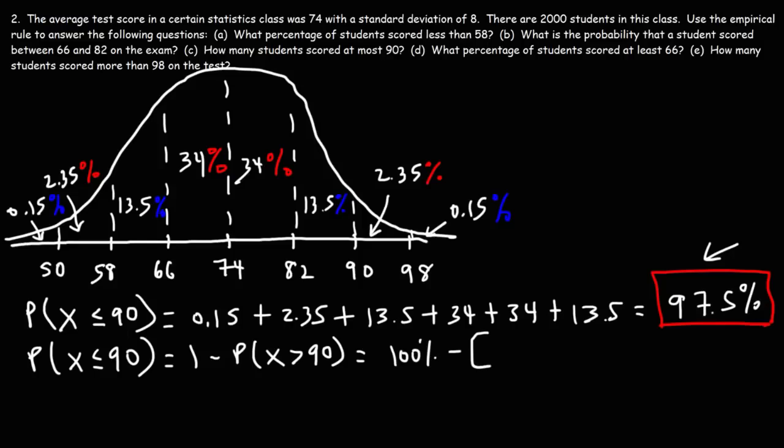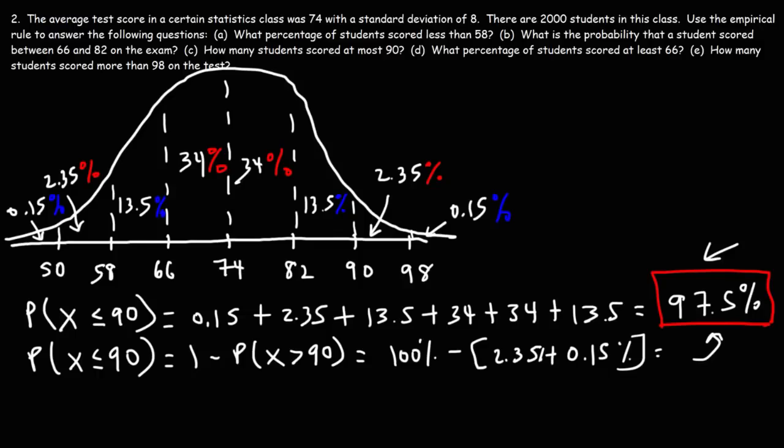And the probability that x is greater than 90 is going to be the sum of those values as a percentage. So it's 2.35 plus 0.15%. So if you type that in, you should get the same answer, which is 97.5%.